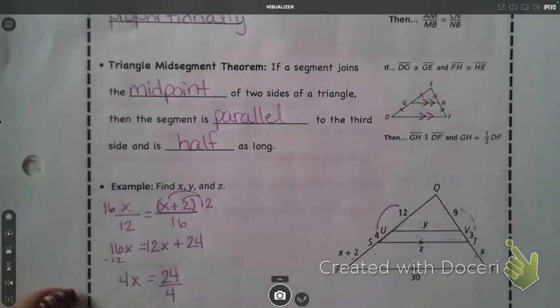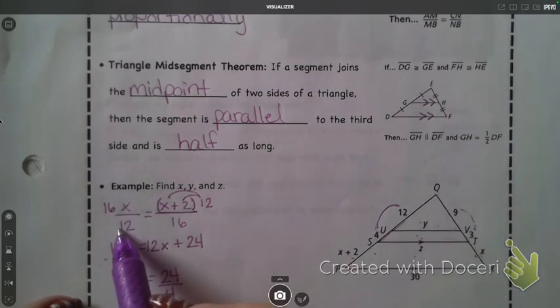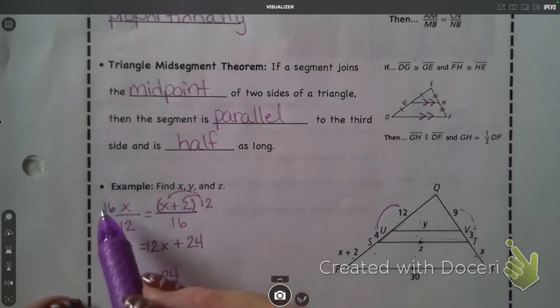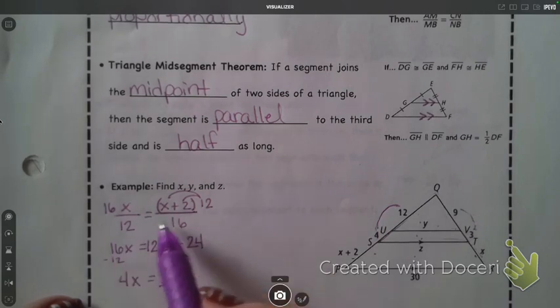If you were to do it the other way, can you do it the other way as well? Or is it just the same? Well, if you had x over x plus 2, I would multiply over by x plus 2 and over by 16.